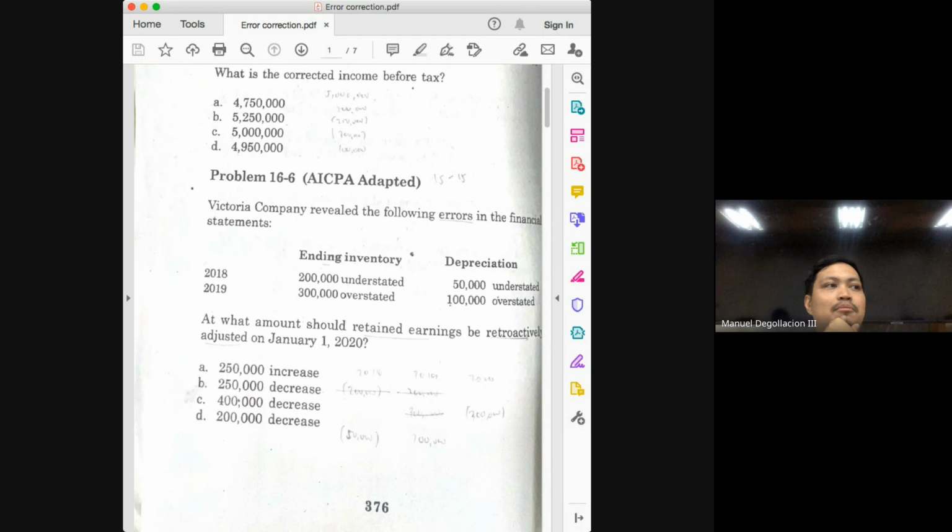Okay, and if net income is understated, what will happen to your retained earnings, class? What's the effect of net income to retained earnings? Does income increase or decrease retained earnings? Increase. So if net income is understated, what does that do to your retained earnings? Retained earnings must also be understated.